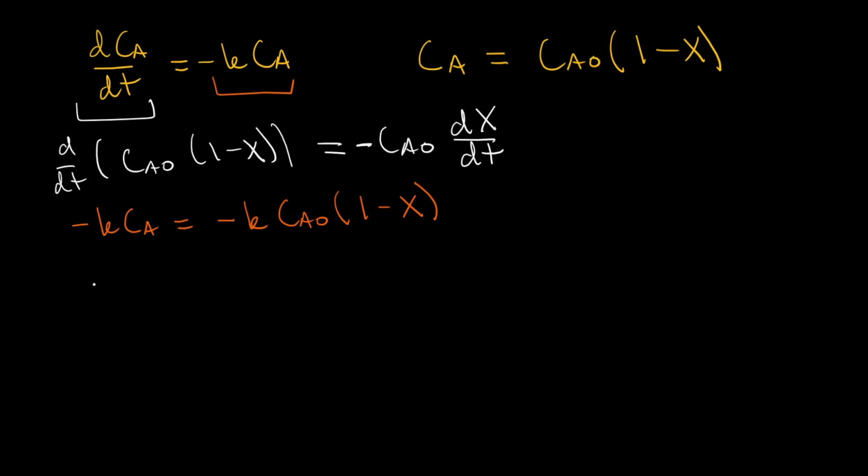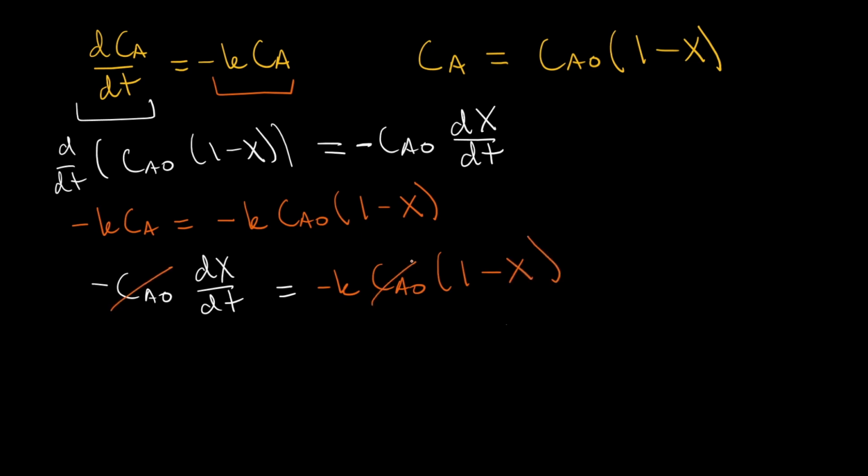So we get left-hand side, minus Ca0 dx dt, is equal to minus k Ca0 times 1 minus x. And these concentration terms will cancel out. The minus signs will also cancel out. So we're left with dx dt is equal to k times 1 minus x.